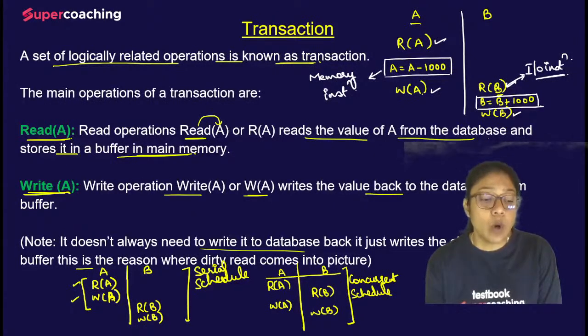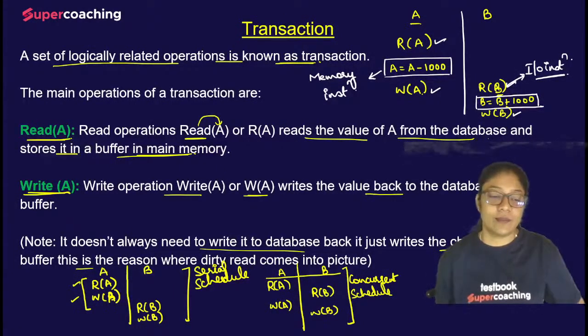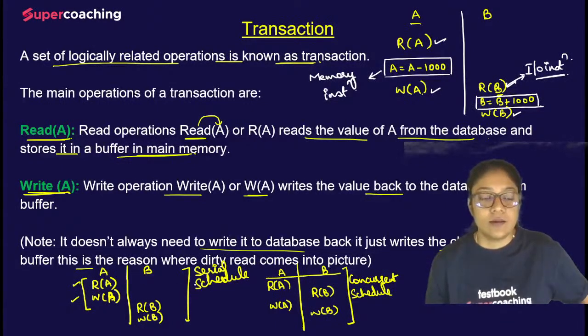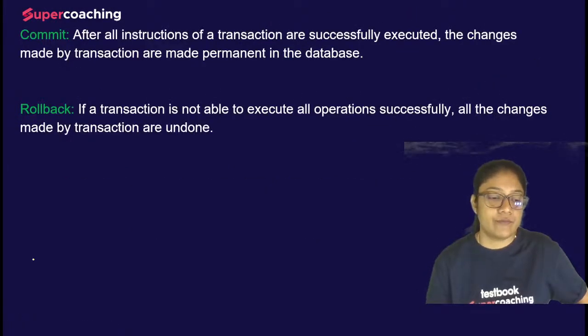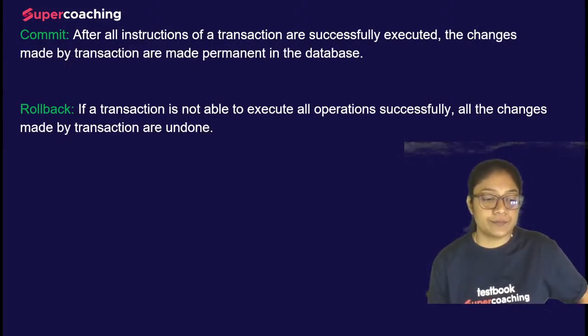Performance. Okay. So under what scenario is performance better? Very good, Terminator. I know that this is not the real name, but this is your username. But anyhow, yeah, is performance better in case of serial schedule or concurrent schedule? Performance is better in case of what?